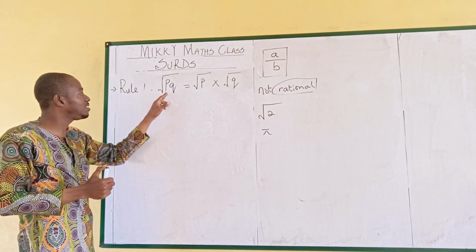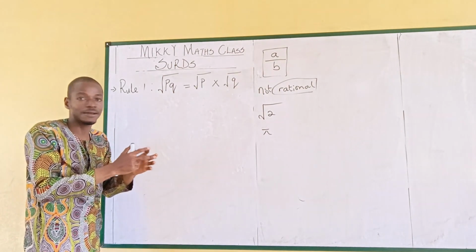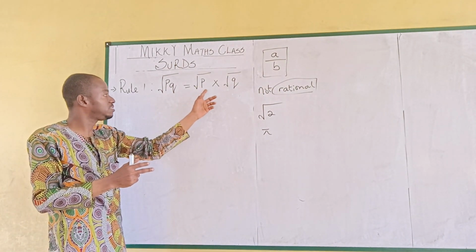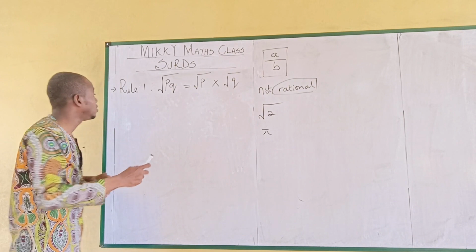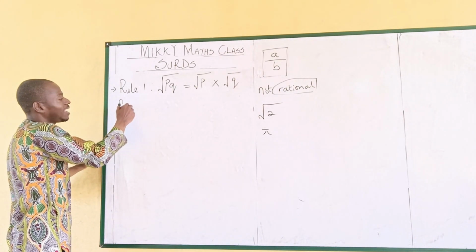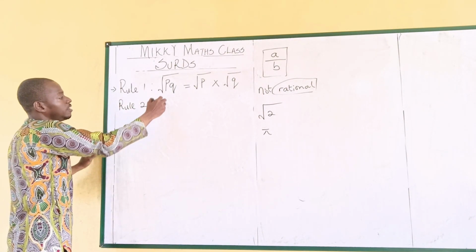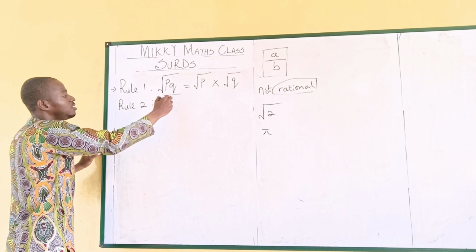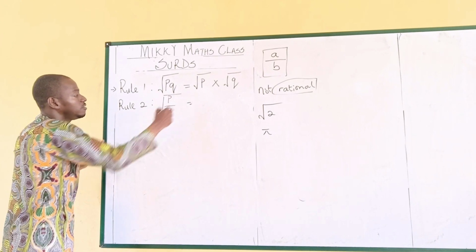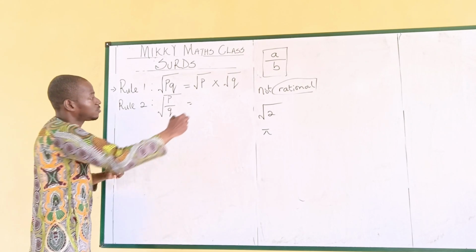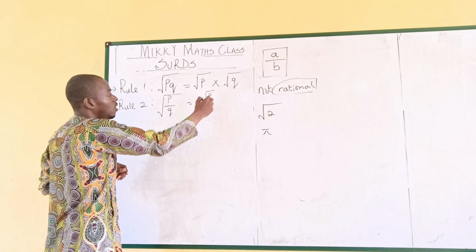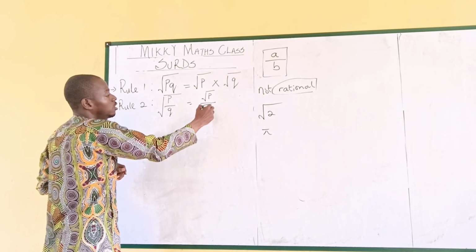If I have P and Q multiplying together, I can split it into two separate surds. Rule 2, which is more like the division rule: if I have root of P over Q, it is the same thing as splitting it as root P all over root Q.